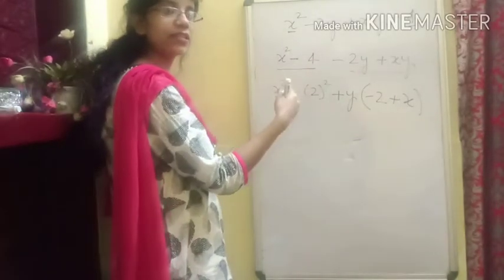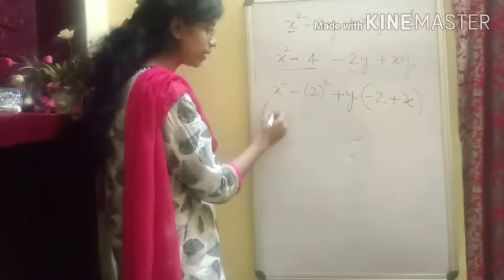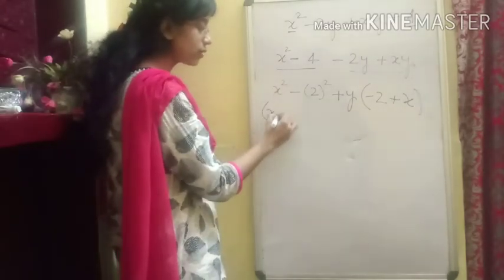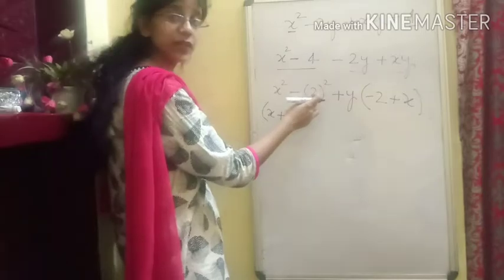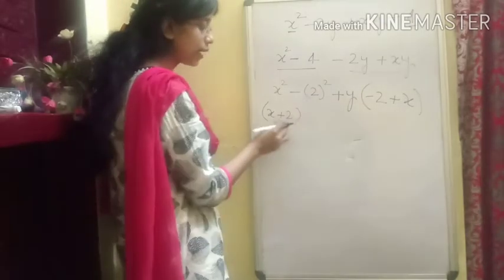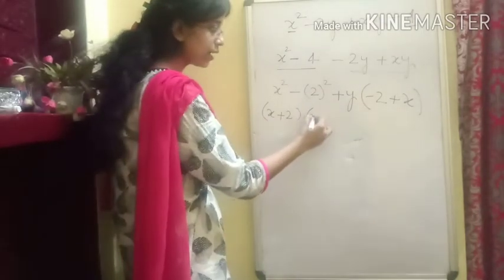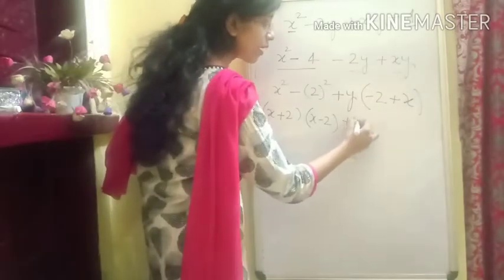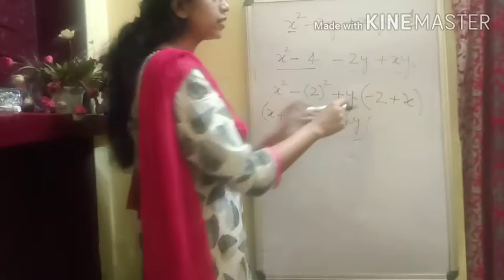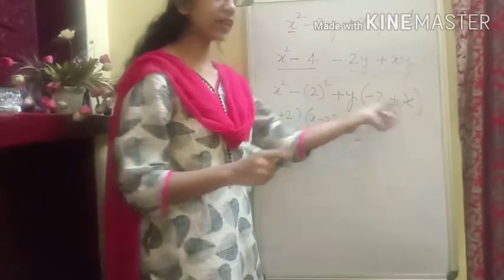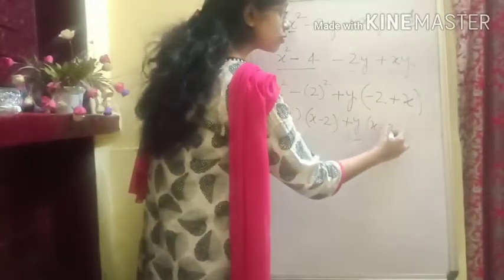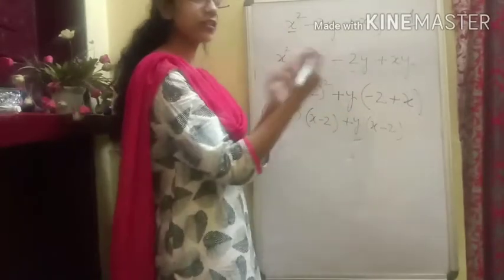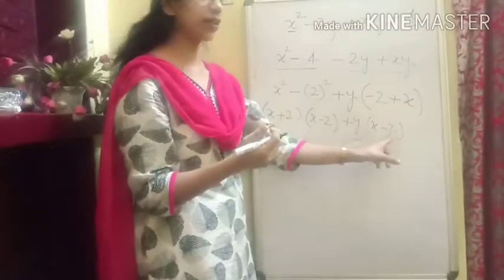We'll apply the identity which is in one bracket a. What is our a? x. Plus second is b. b is what? 2. a plus b and a minus b. Is it clear? Now plus y, whether we write this term as minus 2 plus x or x minus 2, it is same, no? I have just written x first and then minus 2.